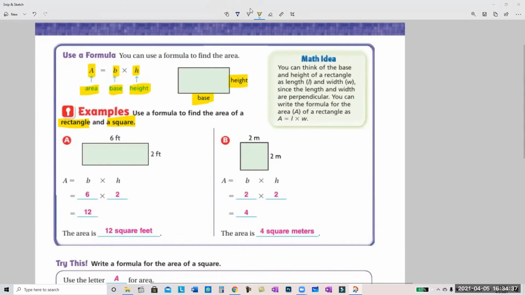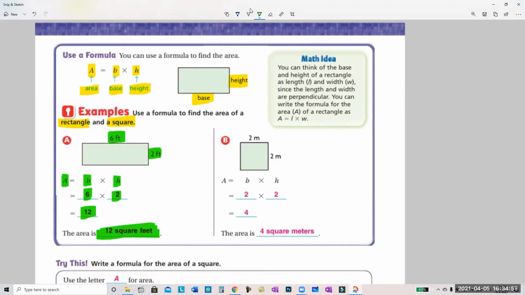You have to memorize this formula to be able to answer the problems of area. So A, which is area, equals base times height, and the base here is 6, and the height is 2, so it will be 12. So it will be 12 square feet.